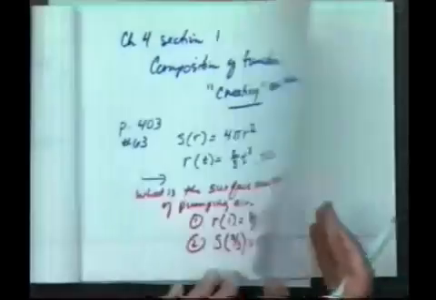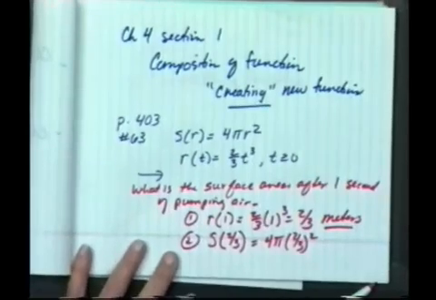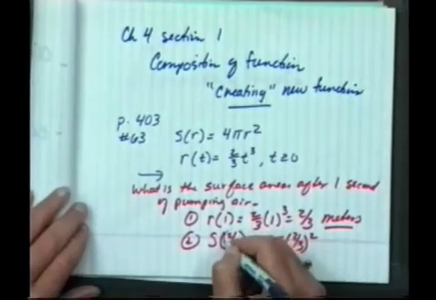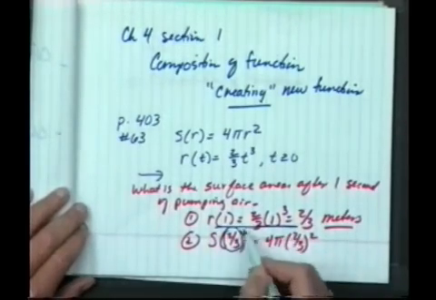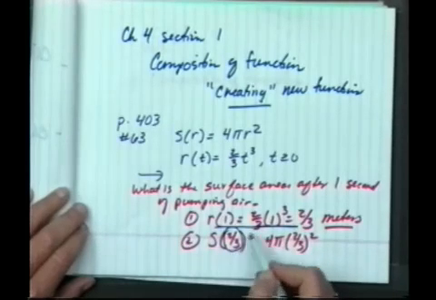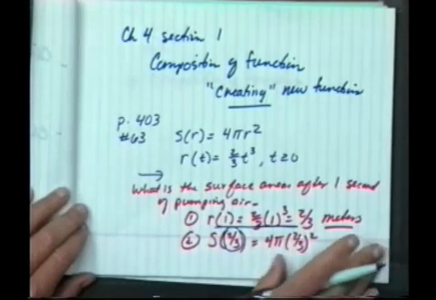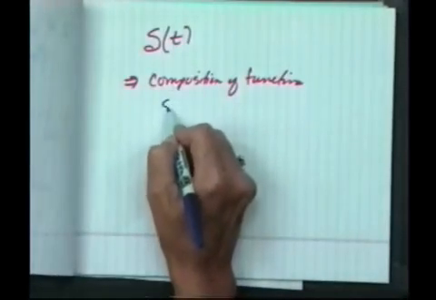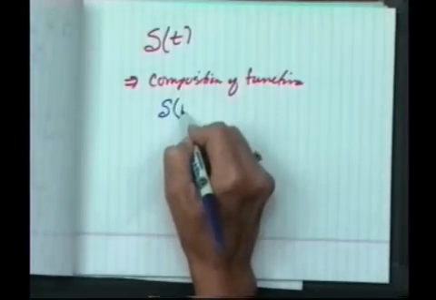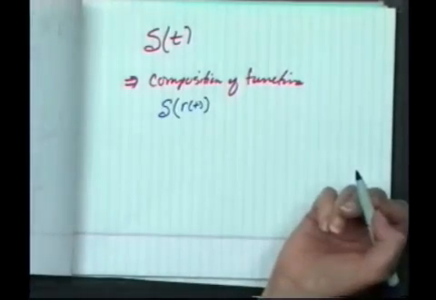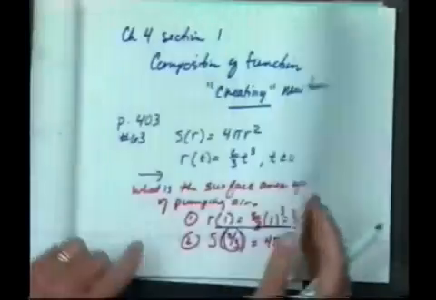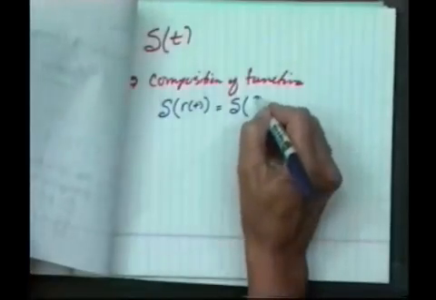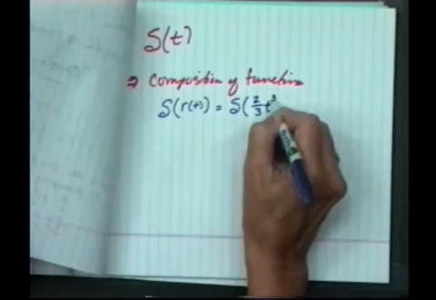And if you look, isn't this 2/3 right here? That really came from the formula for radius. Isn't that true? So all we're going to do is find the surface area evaluated at the radius, R of t, which is 2/3 t cubed.